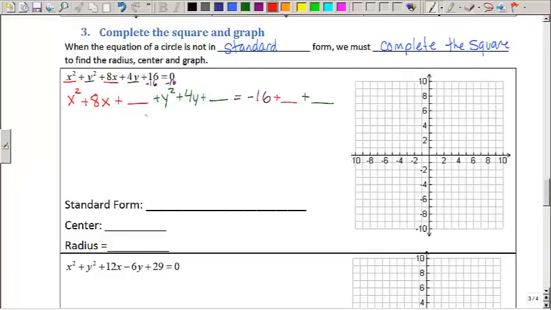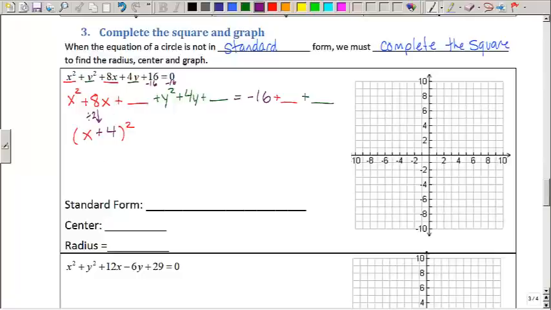Looking at the red, the x's, I would like x squared plus 8x plus some number to factor into a complete square. In order to do that, we're going to use the process of dividing by 2 and squaring. When I take 8 and divide 8 by 2, I'm getting plus 4. I believe x squared plus 8x plus some number can factor into x plus 4 quantity squared.